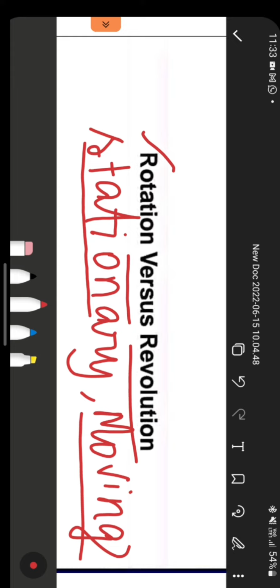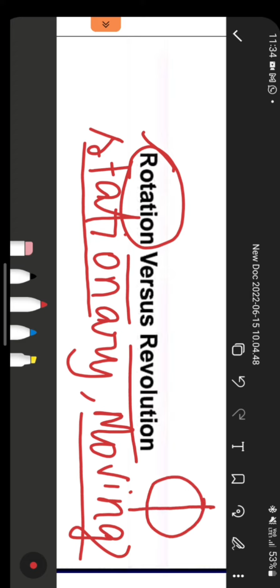What is the meaning of rotation? Just one idea we have of rotatory movement: some object along its axis. Suppose it is a football, and I am drawing an imaginary axis here.